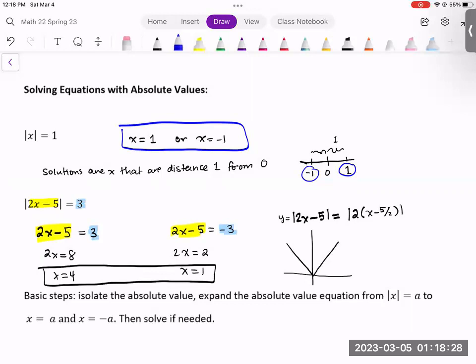This factor of 2 means that we are going to compress horizontally by a factor of 2. So that gets us to something like this. And then we're going to shift right by 5 halves.